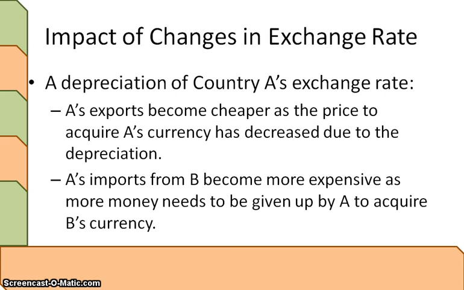So, for instance, while less money needs to be spent by the foreigners to purchase country A's currency, this may be offset by the products increasing in cost, if the raw materials for country A's goods and services are more expensive. Therefore the exports, which would have initially become cheaper, may now remain constant in price, or may even get more expensive as a result of the need to import more expensive raw materials. So this is the possible implication.